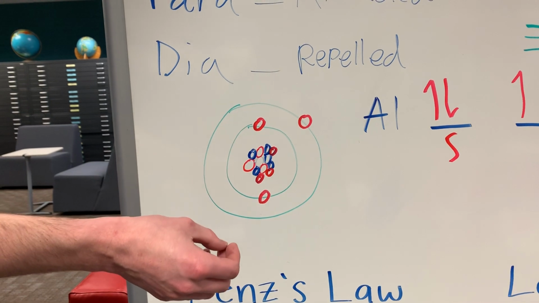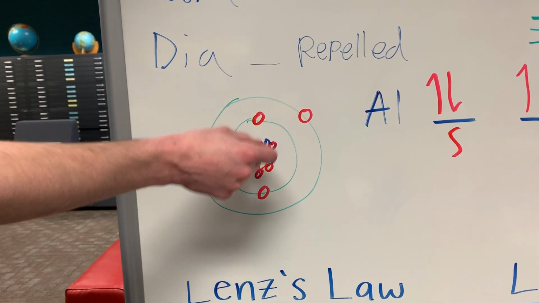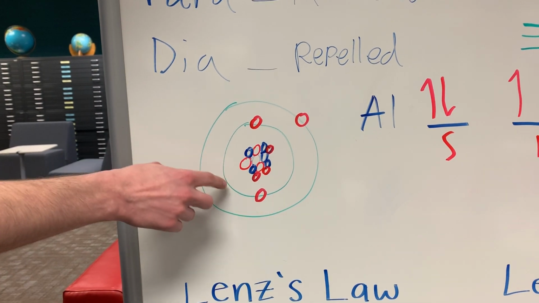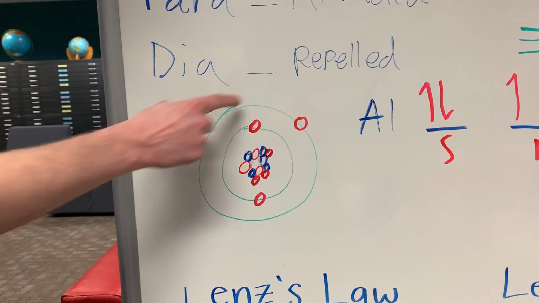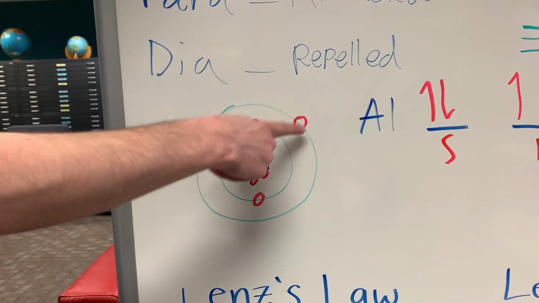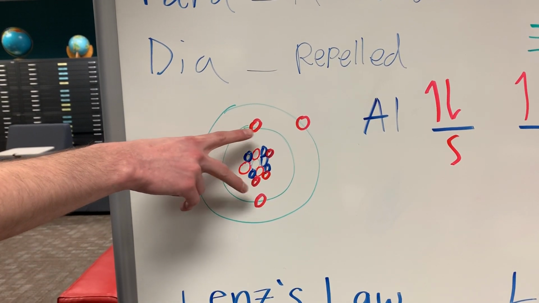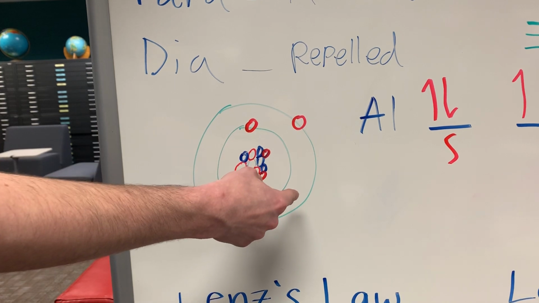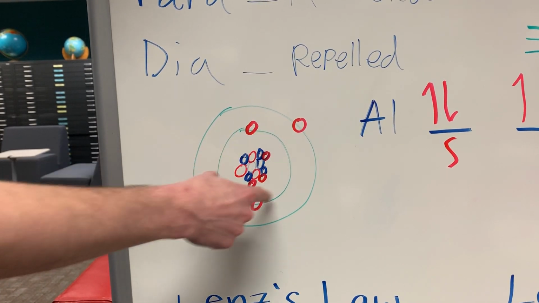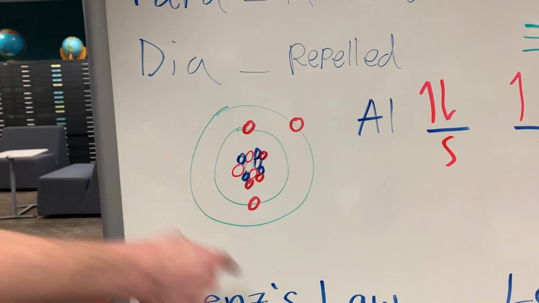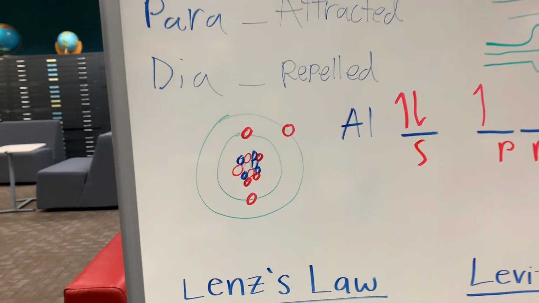But electrons like to fill up shells first. So there's an order to how they attach to an atom. There's a first shell and a second shell, and they like attaching in pairs. They'll first fill up this first shell with 2, and the next one will get filled up with 6. This first shell is the S shell, and the second shell is the P shell. And there's multiple shells after that.